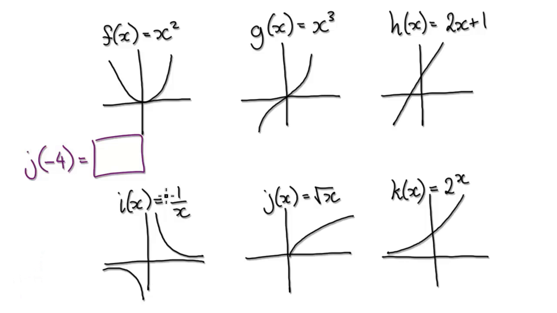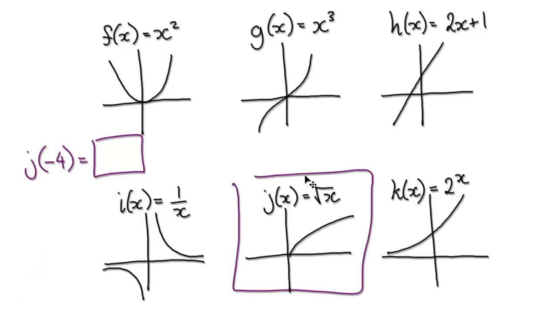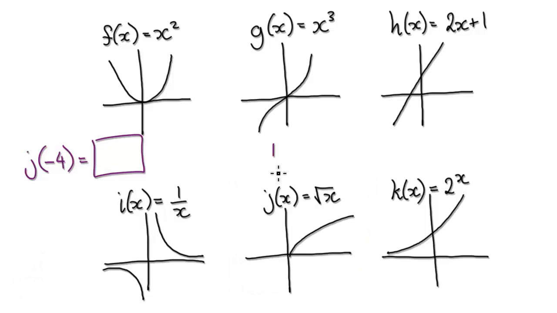So this is a trick question, but press pause and have a go. Okay, so to do this, the function j is really looking at this function here. You put in a negative, so you've got a machine here where you square root everything. If you put in a -4, you're really asking, what is the square root of -4?